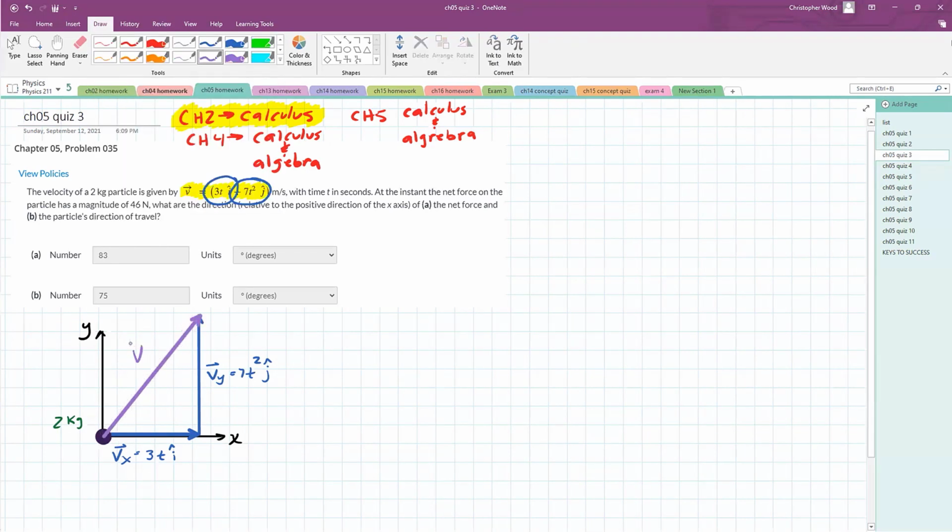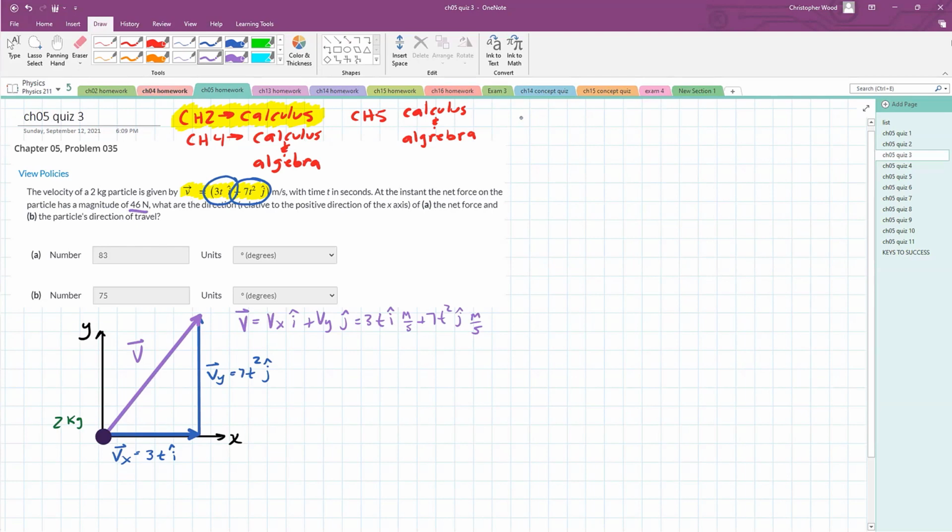If I'm going to write this in vector form, I would say vector v equals Vx i hat plus Vy j hat equals 3t i hat meters per second plus 7t squared j hat meters per second squared. All right, I don't even know what I'm doing other than setting up. I'm just visualizing my givens. 2 kilogram particle, that's my velocity function. At the instant the net force has a magnitude of 46 newtons, what's the direction of that force?